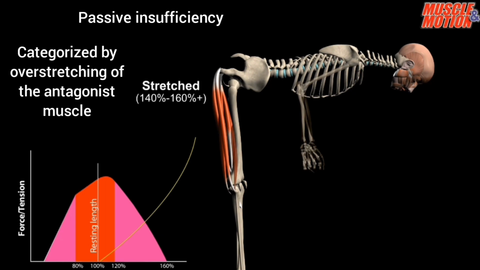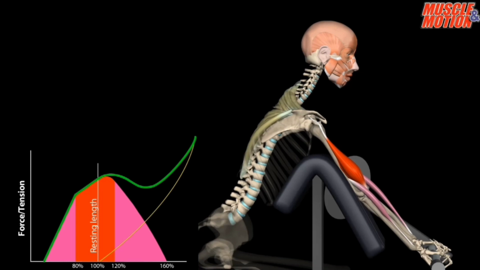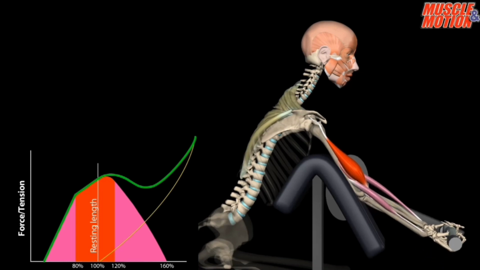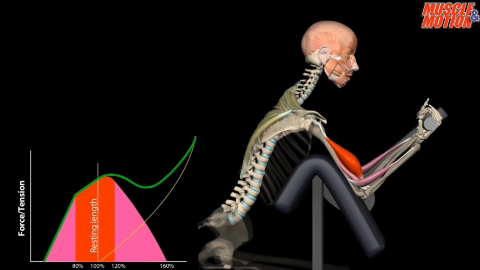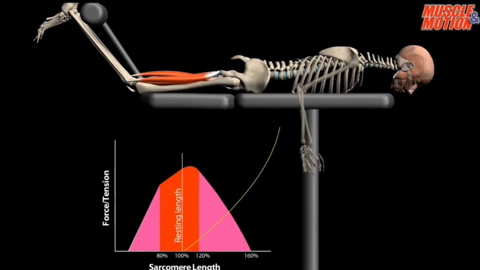Typically, this type of interference occurs in the arms and legs, specifically the biceps and triceps, or the quadriceps and hamstrings. If you attempt to contract your biceps during an exercise that causes excess stretching of the triceps, the potential strength of the biceps will be compromised as the body tries to prevent the overstretching of the antagonist muscle. Two examples of this situation occurring are the bicep preacher curl and the lying flat hamstring curl.